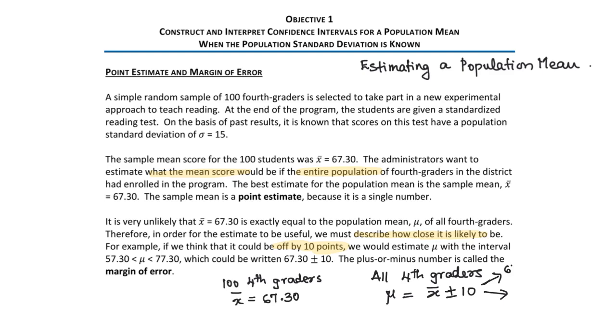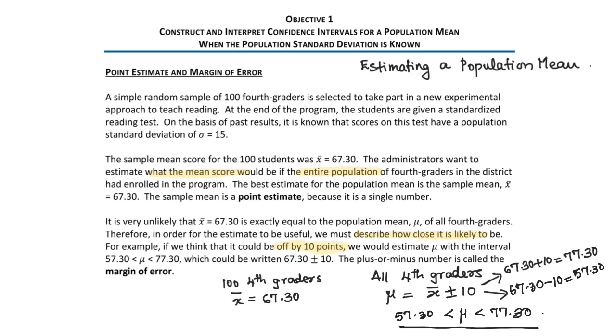So this will be 67.30 plus 10, that is 77.30, and 67.30 minus 10, that is 57.30. So we can write mu is between 57.30 and 77.30. So the estimate of the population mean is within this interval.